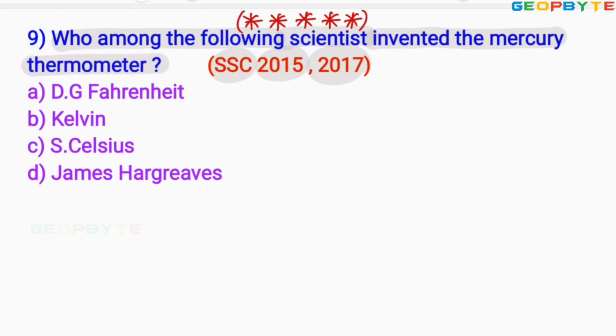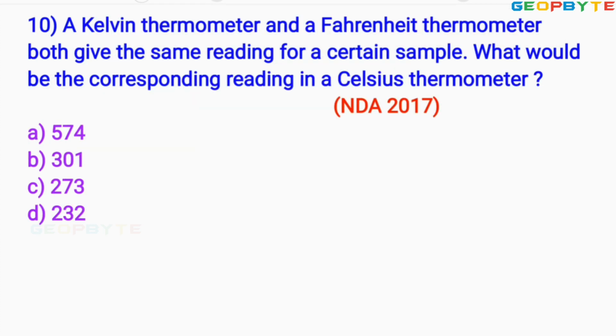Dear friends, remember, DG Fahrenheit invented the mercury thermometer. Let's go for the next problem. Look at the 10th problem. Was asked in 2017 for NDA exam given like this.